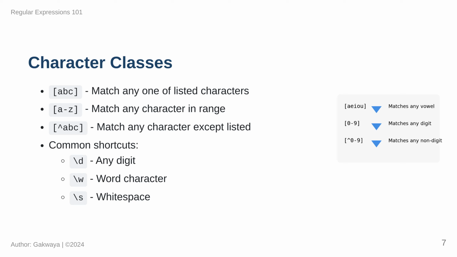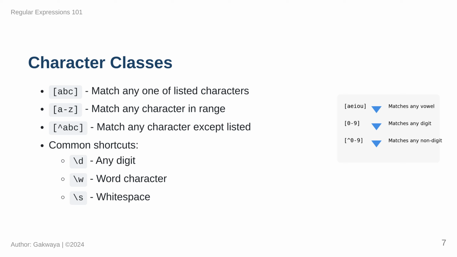Character classes are like creating your own custom "any one of these" matches. Think of them as a menu of acceptable characters. When you put characters in square brackets, the regex will match any single character from that set. The hyphen creates ranges, so a-z means any lowercase letter.